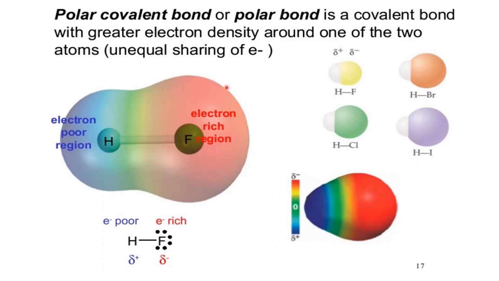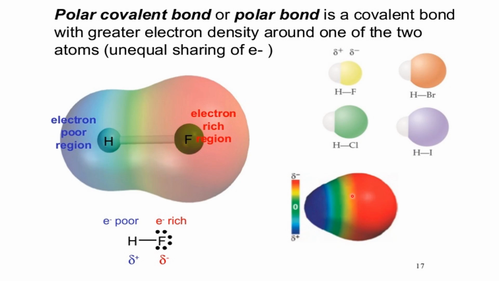Taking a look at this diagram, the electronegativity difference results in a dipole moment wherein the less electronegative side takes the partially positive sign, while the more electronegative side takes the partially negative sign.